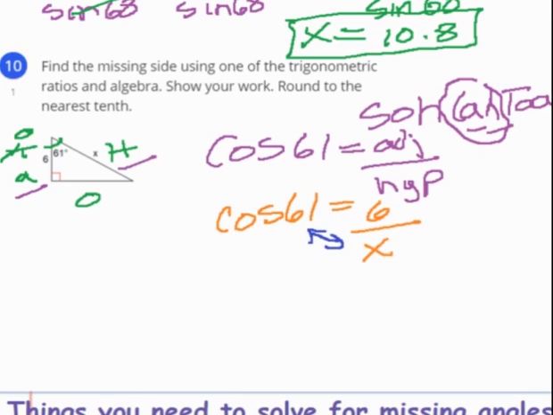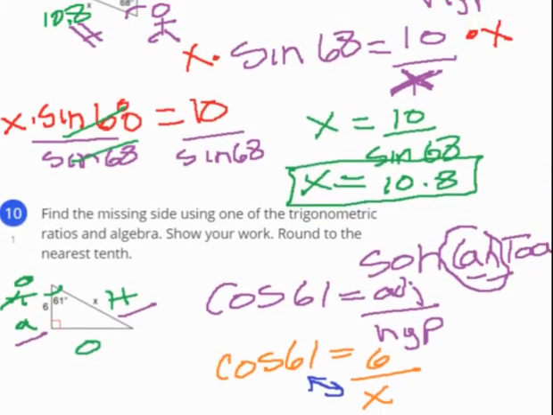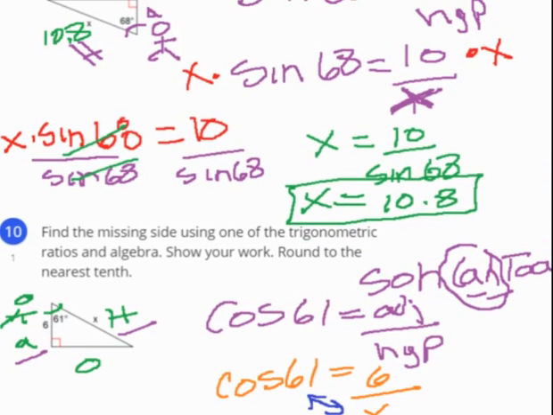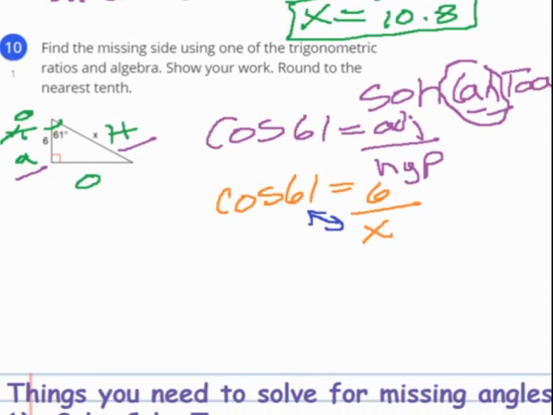Because if we look back at what we did on the last problem, notice if I just switched sine of 68 and x, I would have ended up with this. x became on top and sine of 68 became on bottom. So that's really a shortcut you can do, if you all remember that these two can switch places. So that gives me x equals 6 divided by cosine 61.